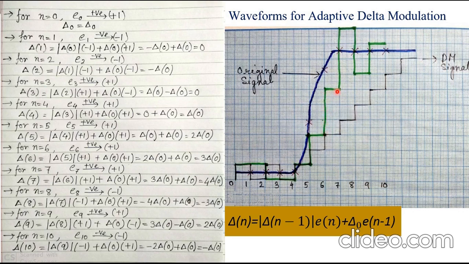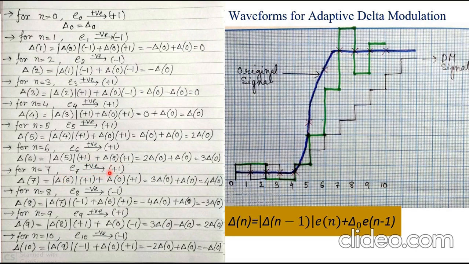Now again it will compare it with original signal. So original signal is compared with this staircase signal, and again original signal is greater than staircase signal. It means for n equal to 7, error is positive, because original signal is greater than the staircase signal, so error is positive.